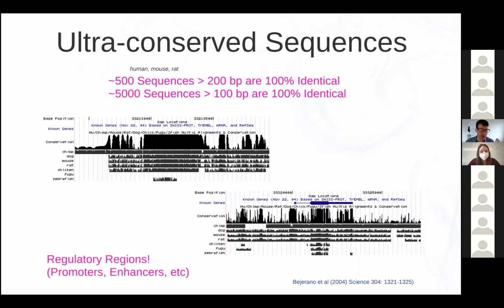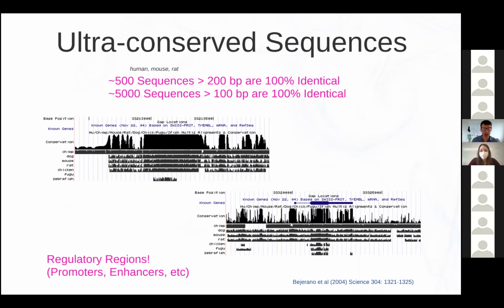And this is one of the ways that we identify regulatory regions, which you guys know lots about. So promoters and enhancers and things like that tend to be really, really well conserved and are included in these 5,000 or so sequences that have perfect alignment, because this is where other proteins like transcription factors come in and bind. So that sequence has to be really well conserved to get that protein to come in and bind.